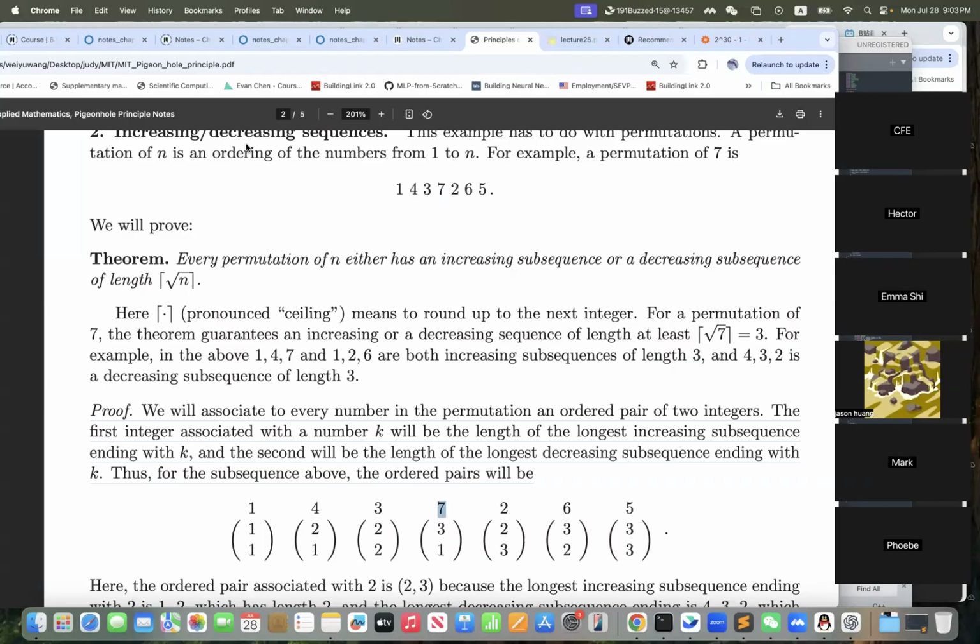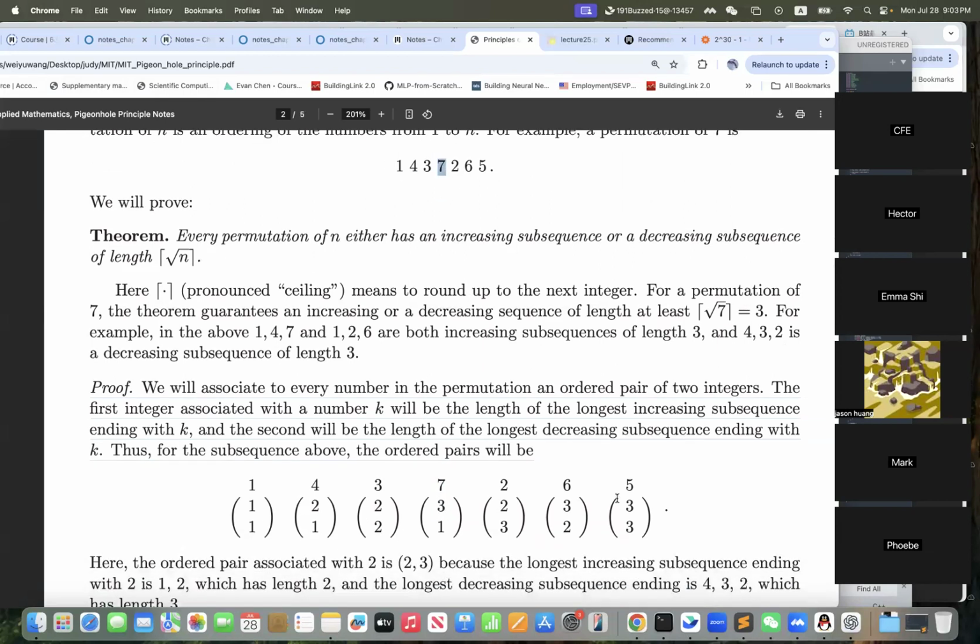The largest length is 3, and for decreasing subsequence it's only 7, so the length is 1. Yeah, so for the 7, it can be 1 3 7 or 1 4 7. The length is 3, right? And for 7 itself it's 1.